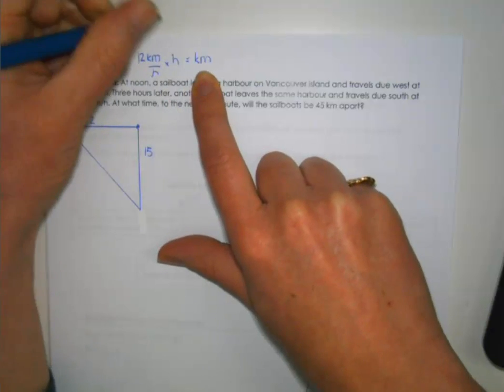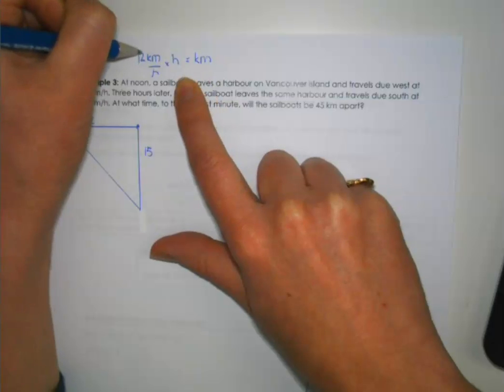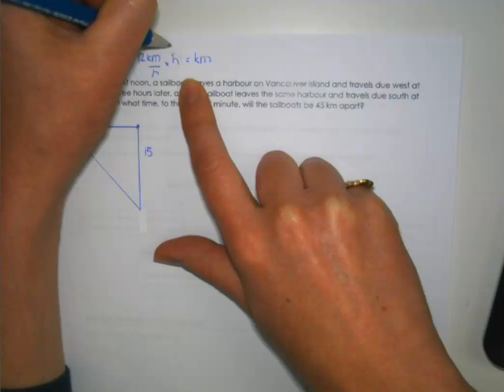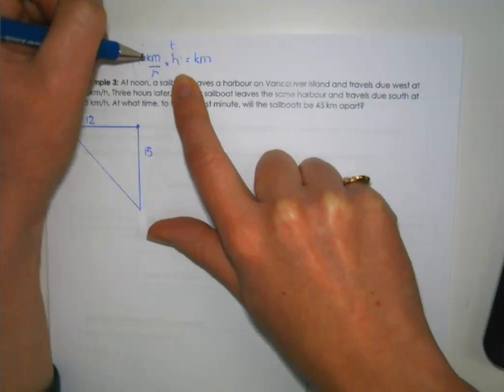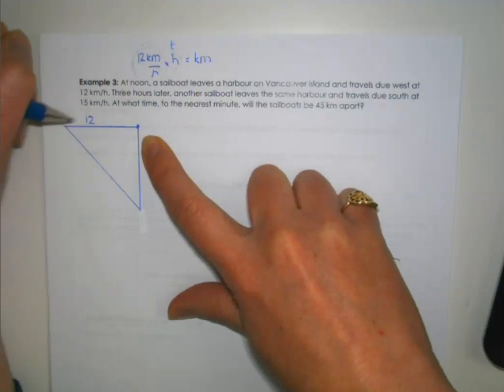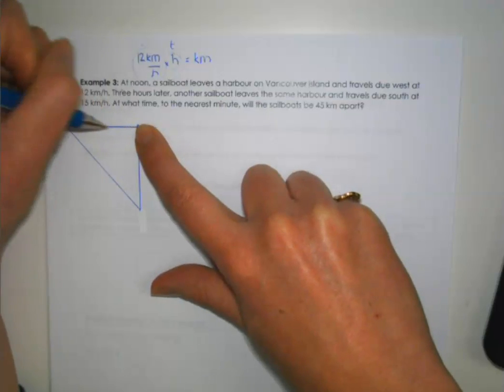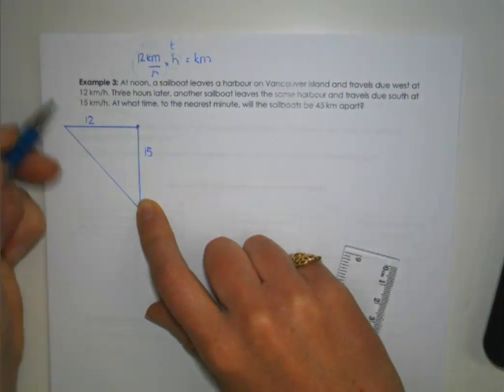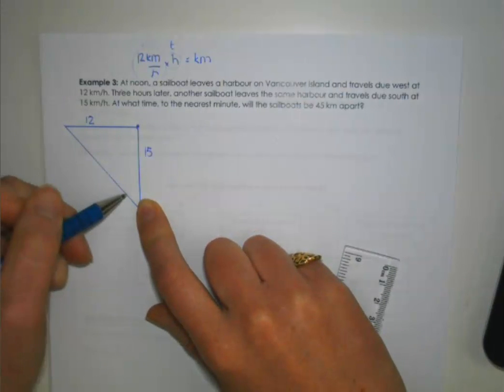So we want to multiply our speed by our time, in hours, to figure out how far they are. What you want to know is the distance in that direction and the distance in that direction that each boat is, so you can solve for the distance between them.